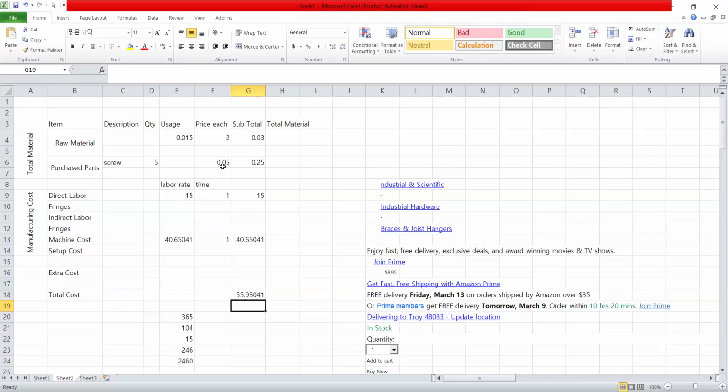And one important thing, you don't need to be accurate. We call this activity cost estimation. Estimate means your best guess. Maybe you wonder how you are going to find that the screw cost is 5 cents.